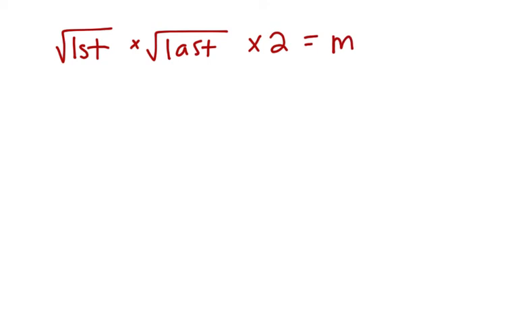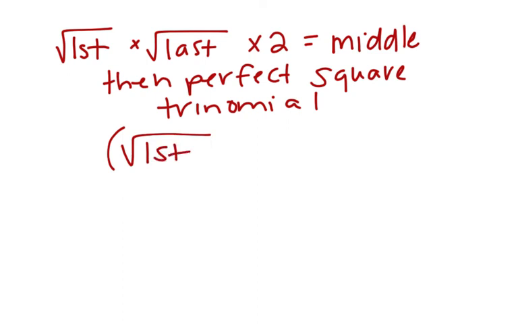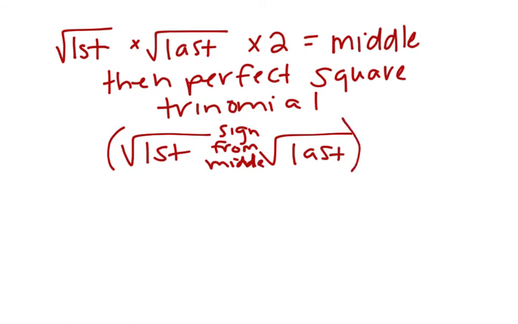If it equals the middle term, then it's a perfect square trinomial. And to factor it, you square root the first, square root the last, take the sign from the middle, put it in the parentheses and square it.